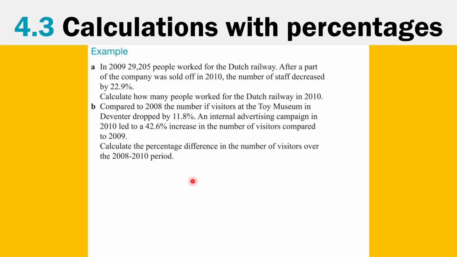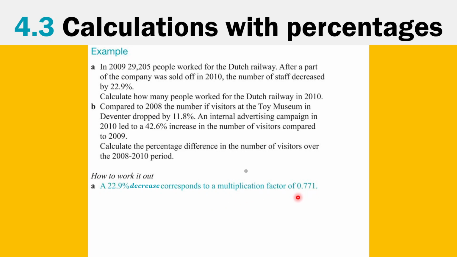Example: in 2009, 29,205 people worked for the Dutch Railways, the NS. After a part of the company was sold off in 2010, the number of staff decreased by 22.9%. Calculate how many people worked for the Dutch Railways in 2010. Okay, if it is a decrease, I start with 100%, I do minus 22.9, right?